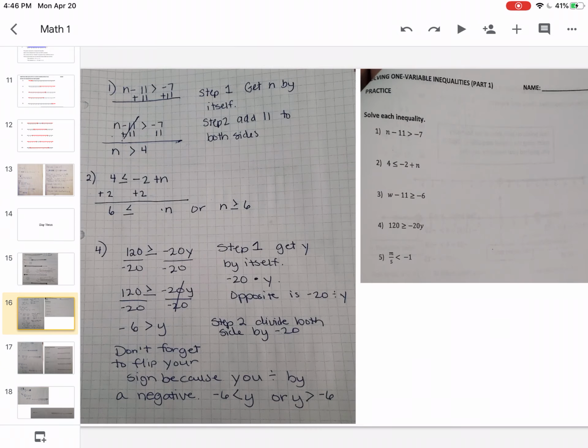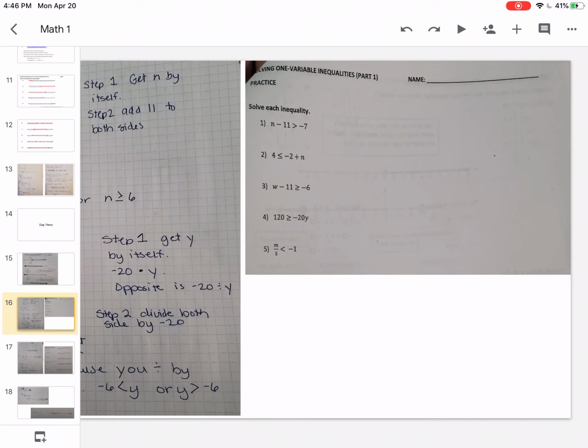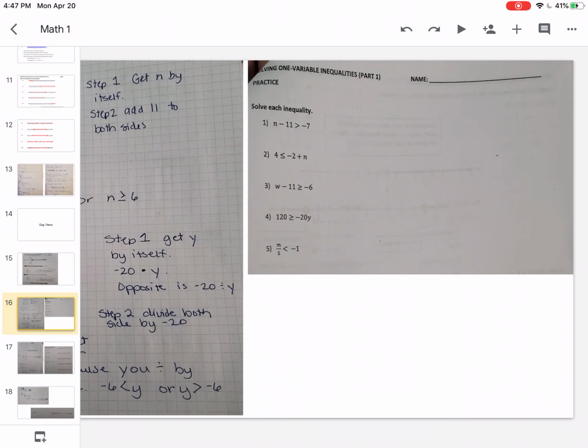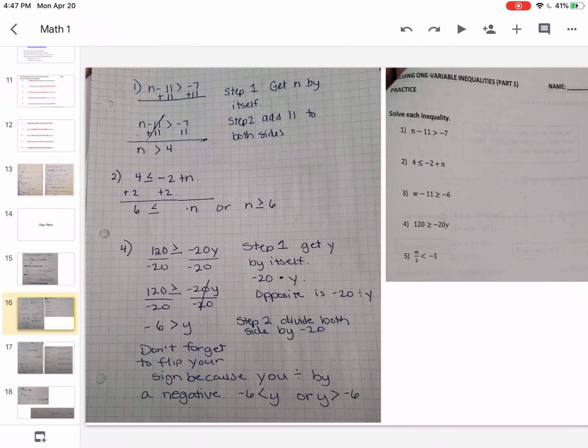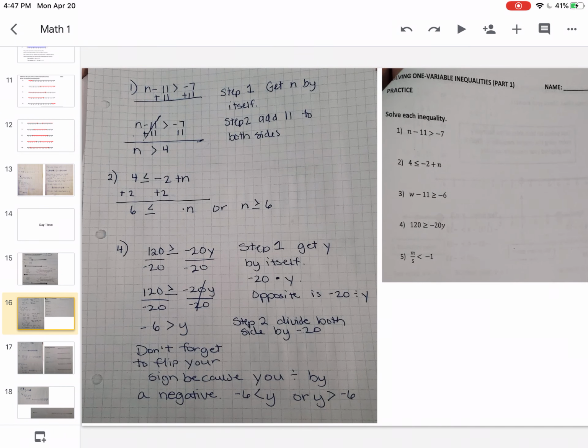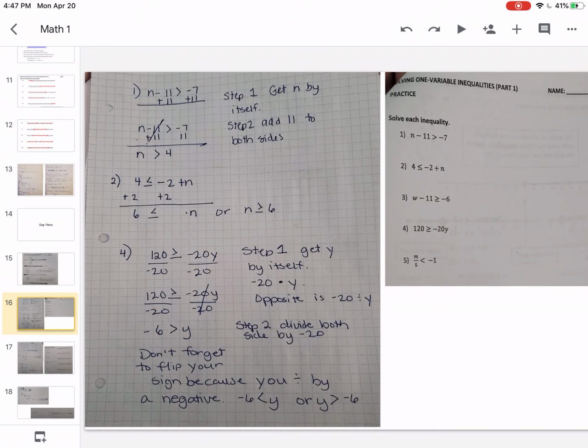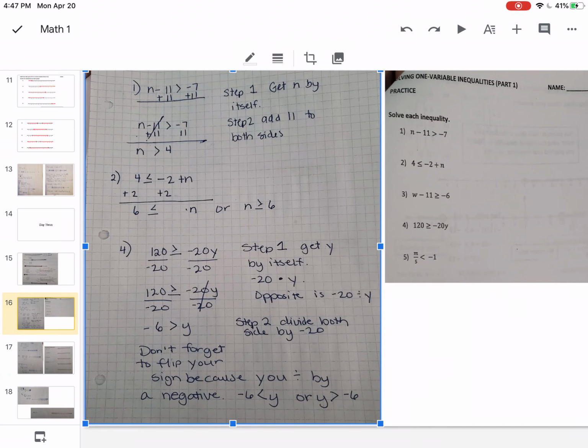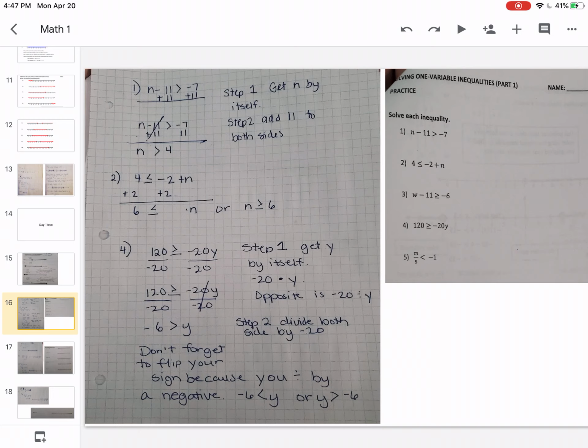Okay, let's look at your first problem on your assignment. It says n minus 11 is greater than negative 7. I want to get rid of that minus 11, so I'm going to add 11 to both sides.